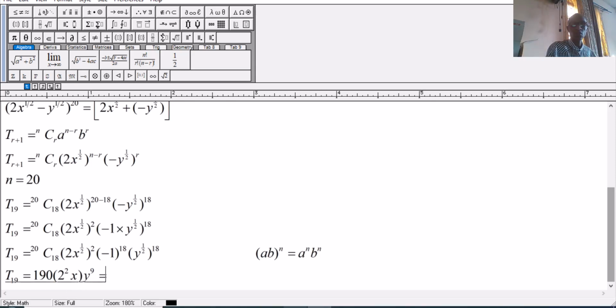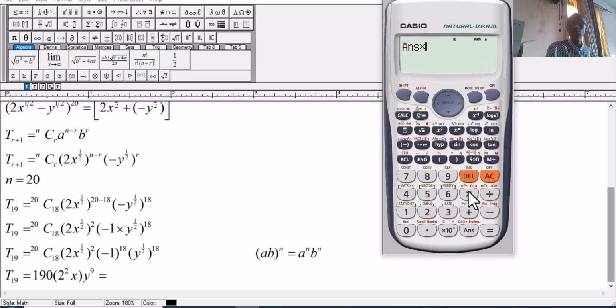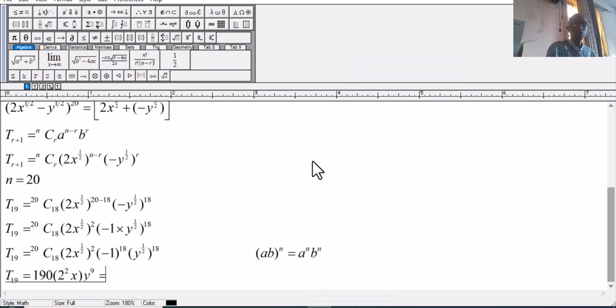So this gives us 190 times 4. That's 760, so 760 x y raised to the power of 9.